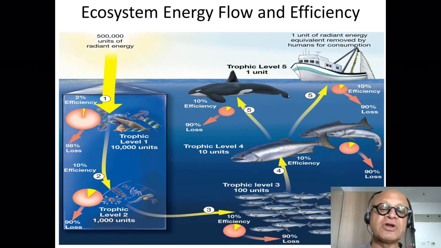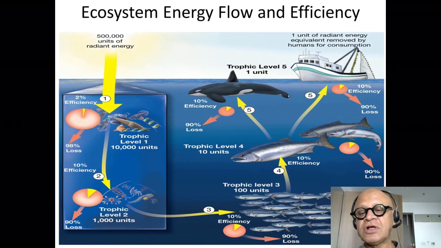You can see here zooplankton and little fish larvae and so on, which are eating the phytoplankton at 10% efficiency, which means they have a loss of 90% at this stage, going from 10,000 units of energy to assimilating 1,000 units of energy. Okay, so you can know how ecological efficiency works here.